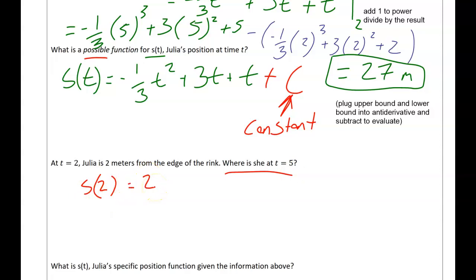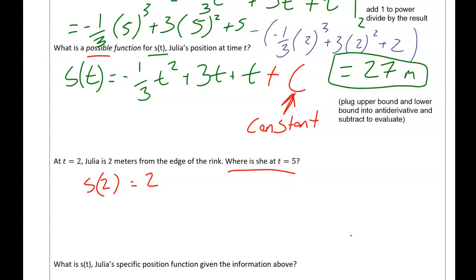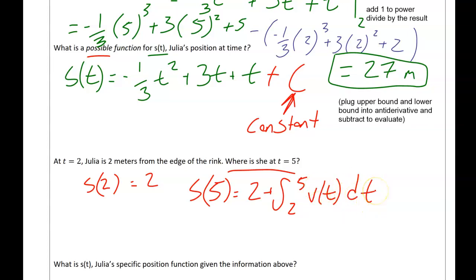Well, we know that her position at 5 is going to be her position at 2, which is 2, plus the integral from 2 to 5 of v of t dt. So that's the integral we found before, so this is really just 2 plus 27. So it's her starting position at 2 plus the change from 2 to 5, which is 29 meters.